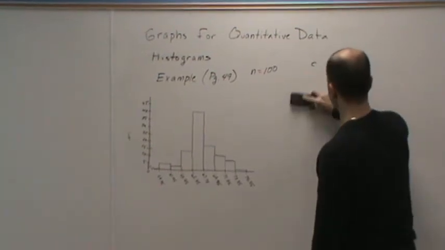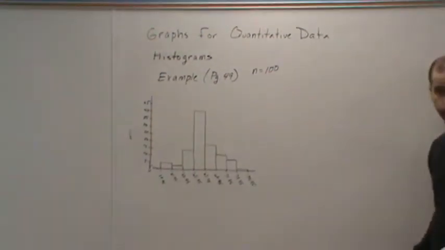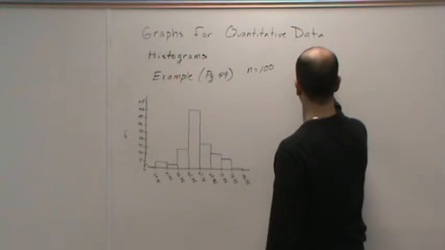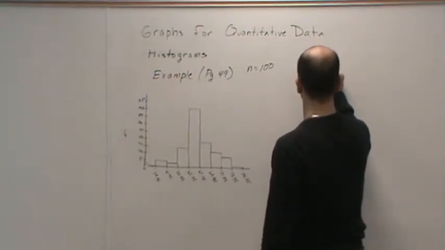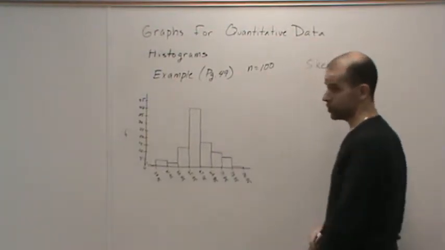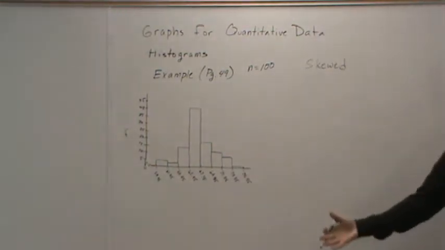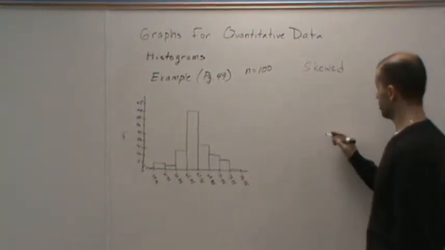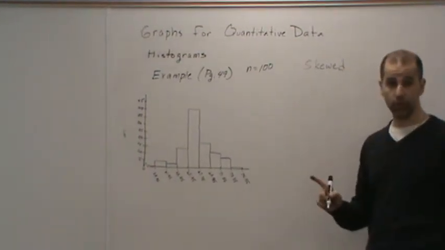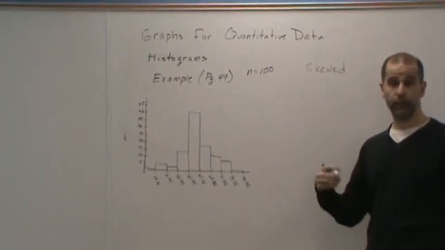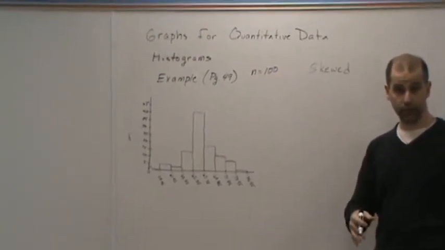The other type of distribution is called skewed. Skewed is just another way of saying not symmetric. There are two types of skewed distributions: left skewed or right skewed.